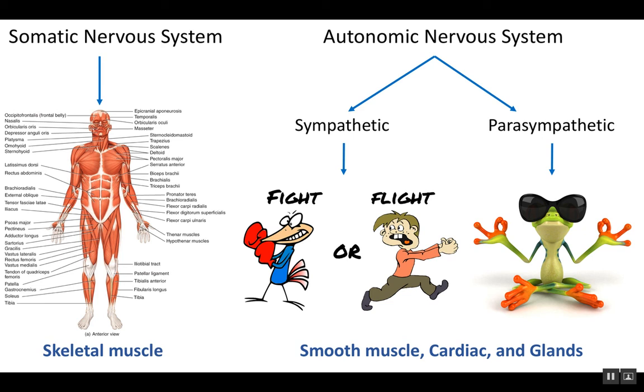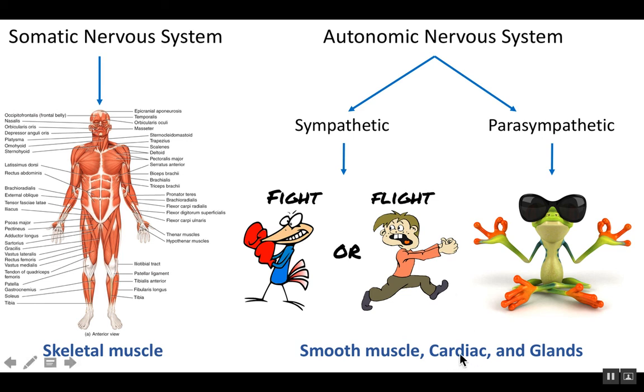The autonomic nervous system controls basically everything else. Organs that contain smooth muscle, for example, your respiratory tract, your GI tract, your urinary tract, reproductive tract and organs, as well as organs such as blood vessels that contain smooth muscle.